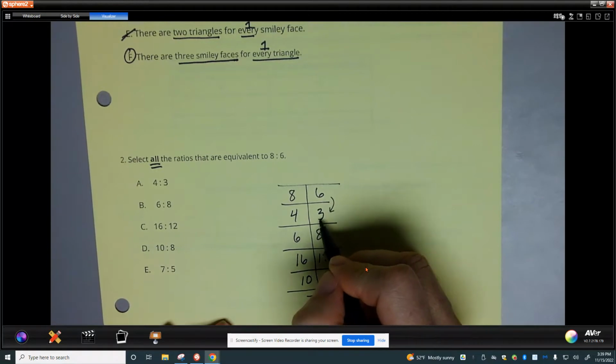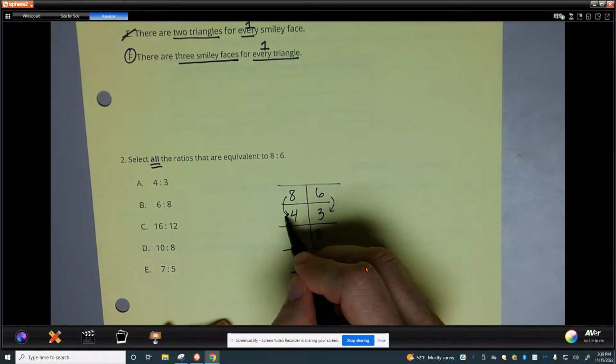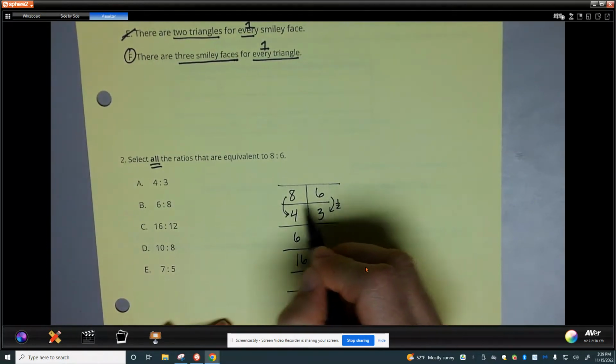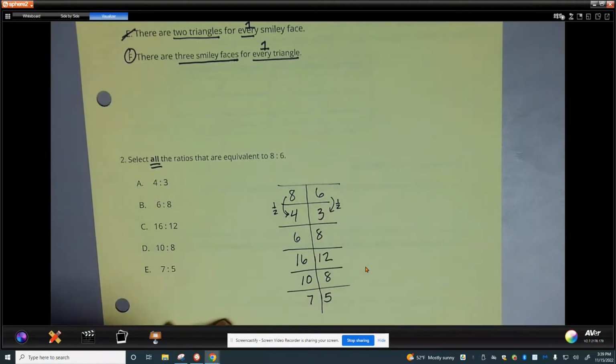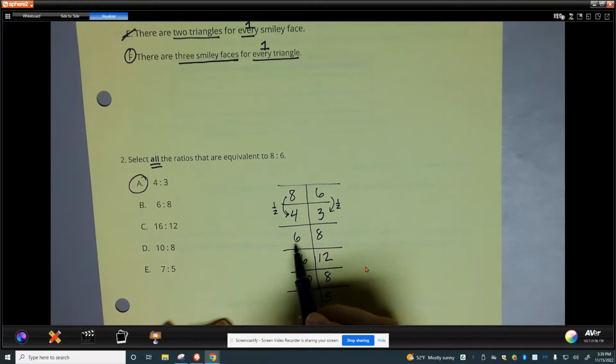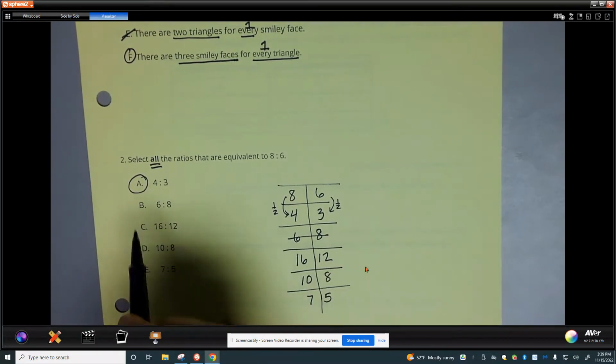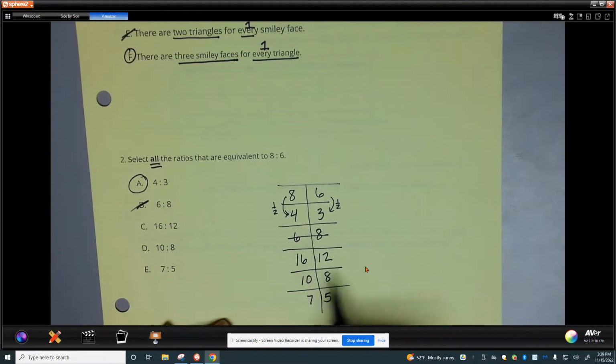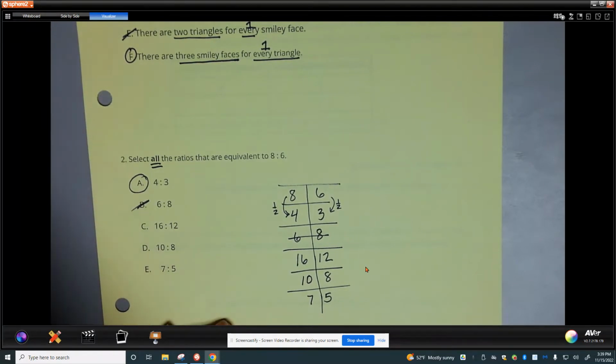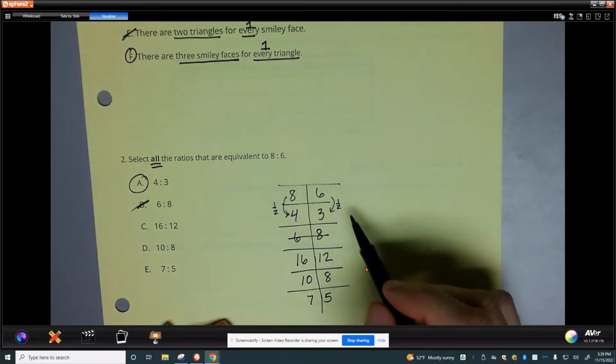I notice right away that 3 is half of 6 and 4 is half of 8. So that one is equivalent. I notice that 6 and 8 are switched, so that cannot be equivalent. Then I get to 16 and 12. I also notice a relationship between 16 and 12.